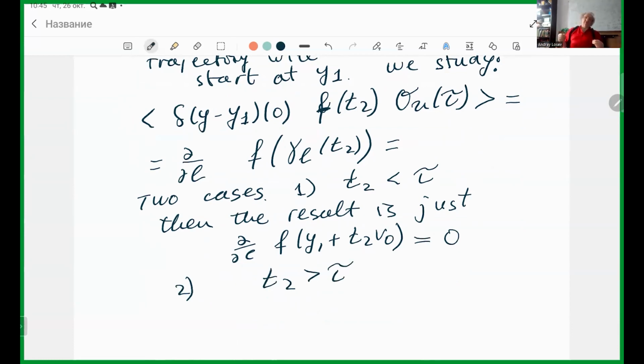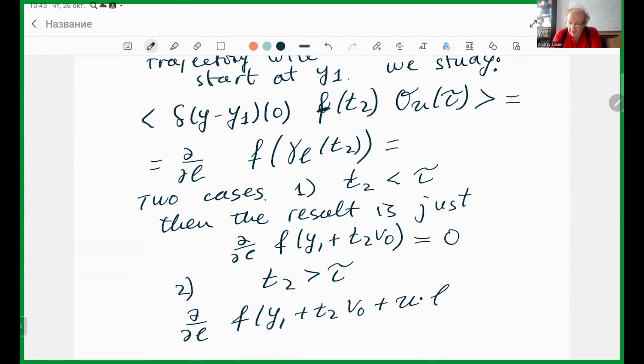So the jump already happened. Okay? Then we are computing this, plus the jump.